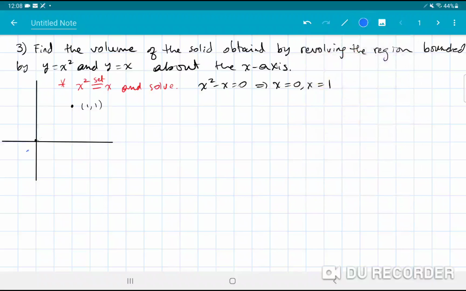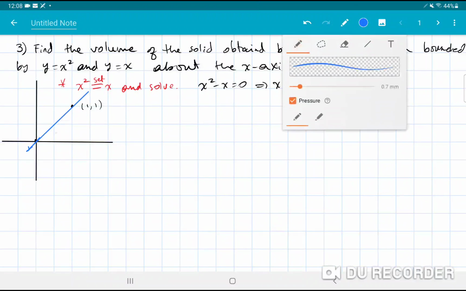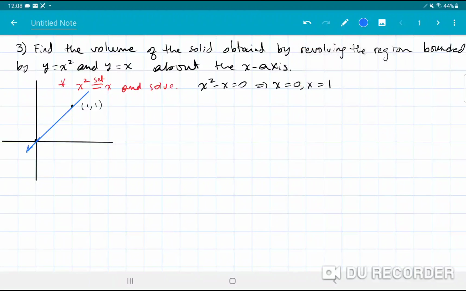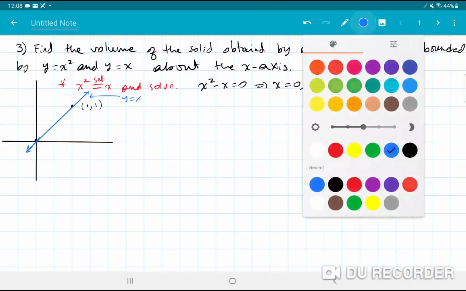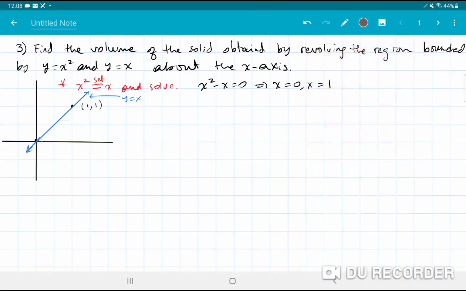So y equals x goes like so. This is y equals x, and this one is y equals x squared, the parabola.